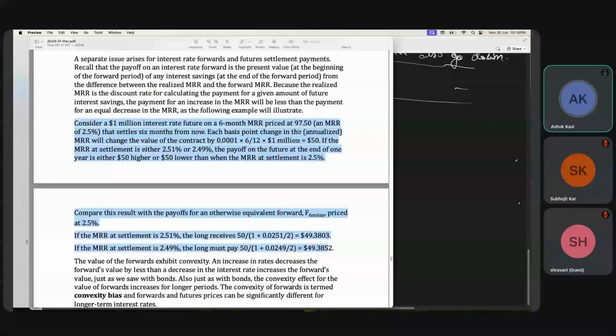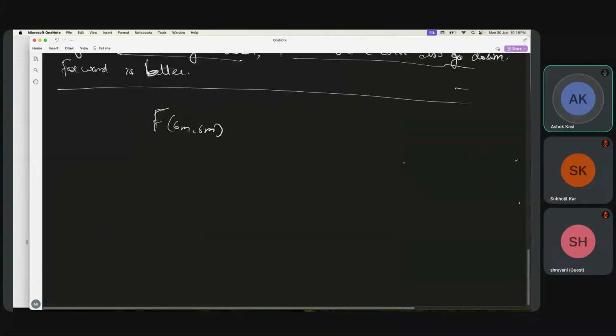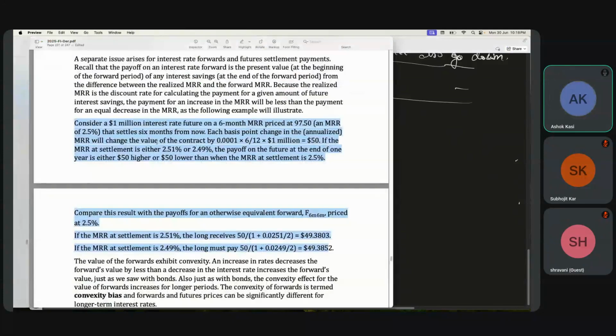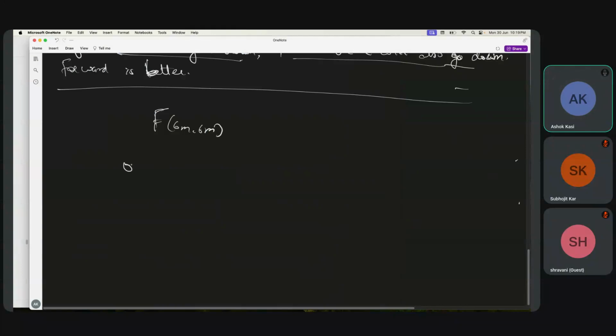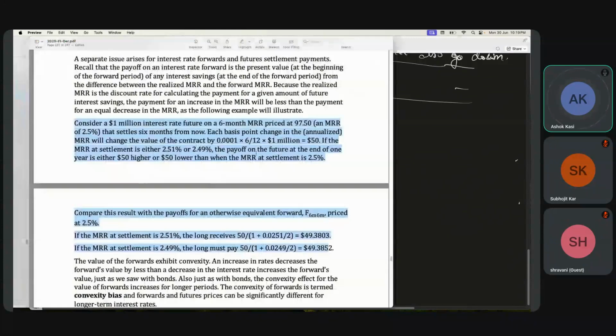So the forward future price is 97.50. Each basis point change in the annualized MRR will change the value of the contract by 0.0001 into $1 million for 6 months, that is, 12 into 6. That comes to 50.